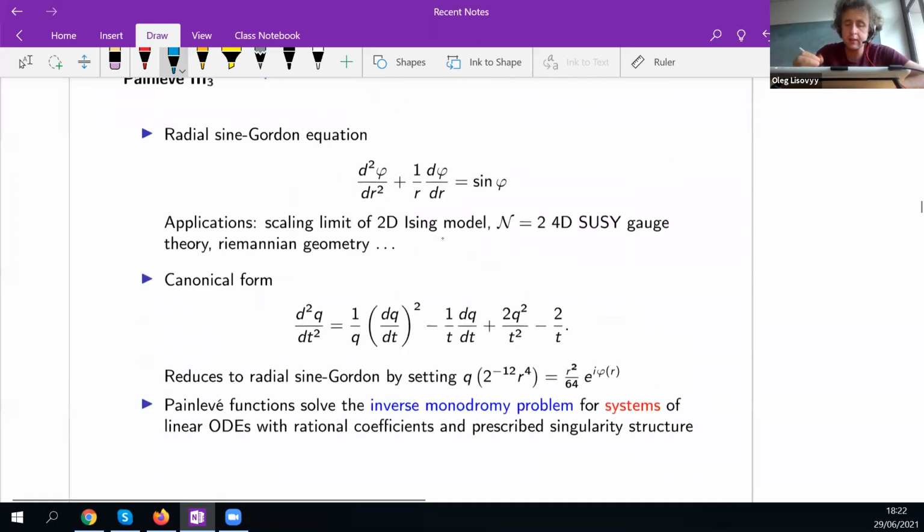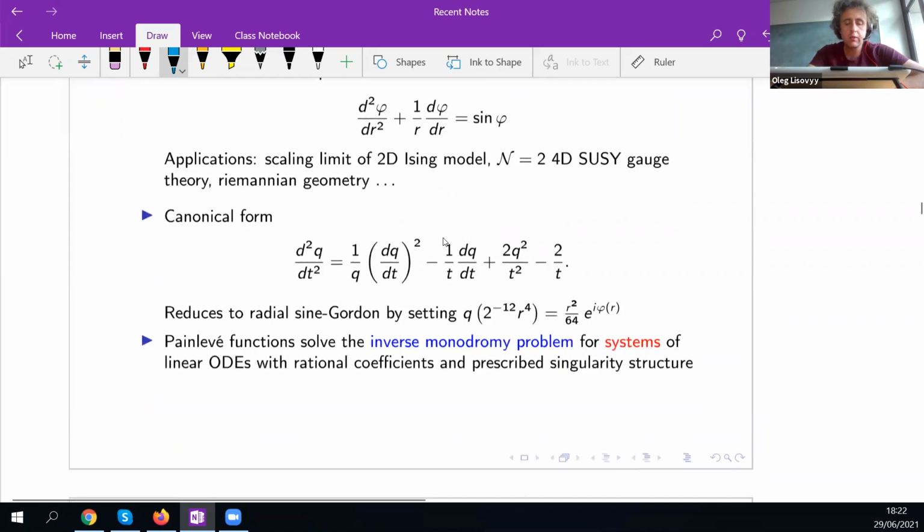But actually, the explicit form of these equations will not be so important for us. What is important is their geometric content. So let me recall once again that Painlevé functions solve the inverse monodromy problem for systems of linear ODEs with prescribed monodromy and prescribed singularity structure.